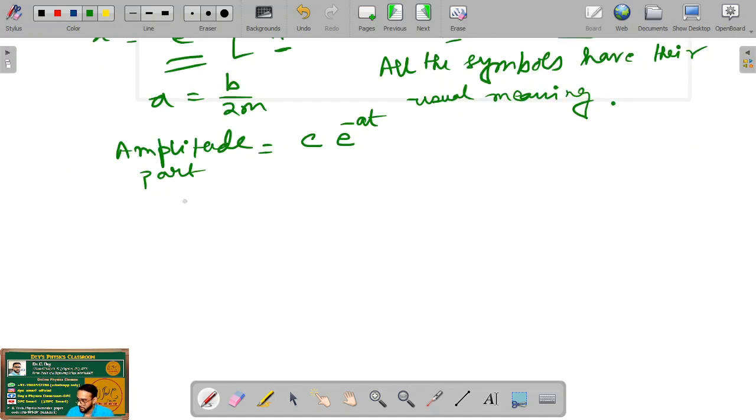So according to the condition of relaxation time, the amplitude after a time interval of tau or relaxation time tau, amplitude would be c e to the power of minus a (t plus tau), and that amplitude would be, according to the definition of relaxation time, 1 by e times initial amplitude, that is c e to the power minus a t.